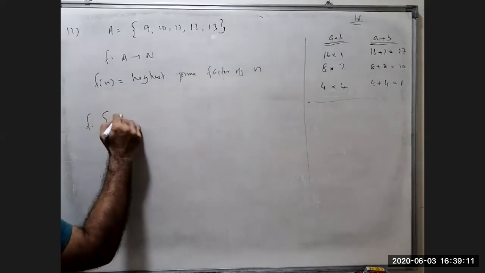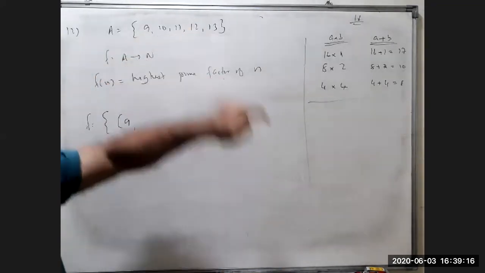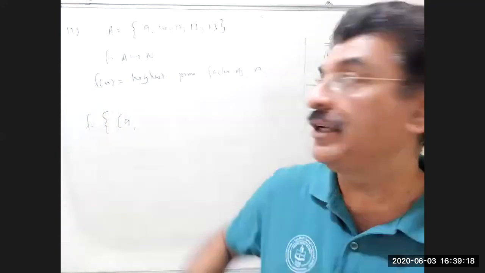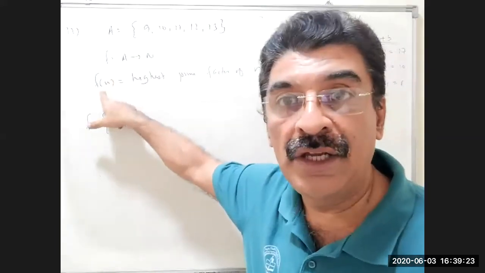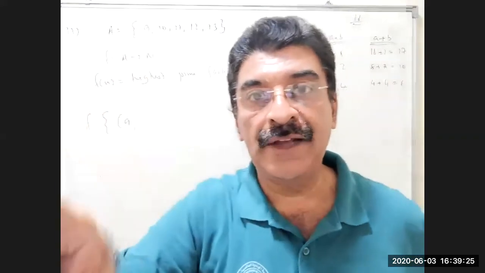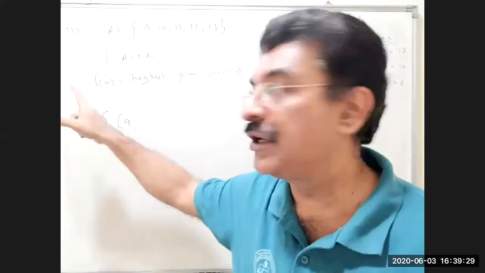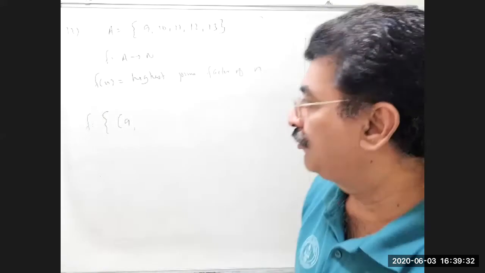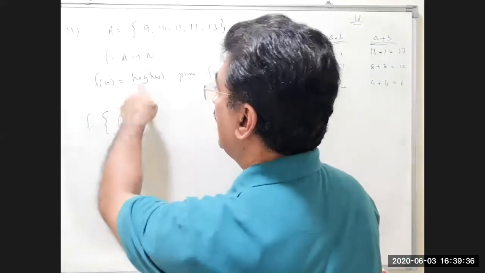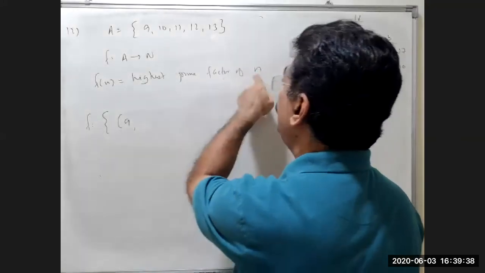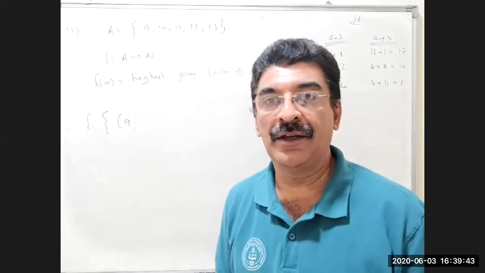See, if you are taking 9, we are taking each number. X values are each of these numbers. Its corresponding F of N means the Y value. So F of N means the Y value corresponding to N. So if you are writing N as 9, its corresponding Y value is the highest prime factor of 9.